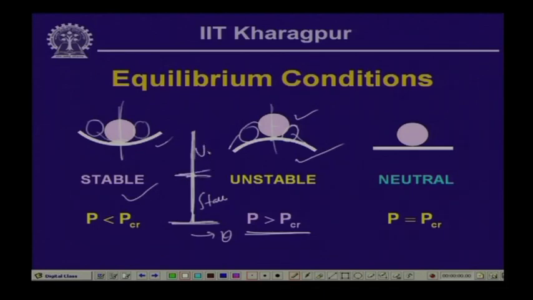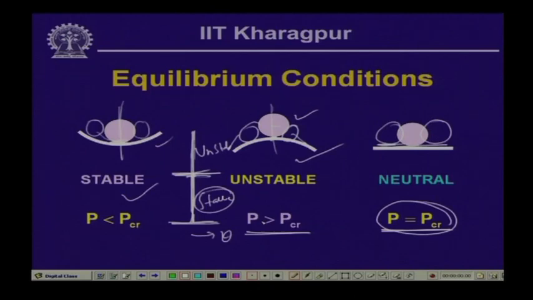So, this is the unstable state and this is the stable state, and this particular one is the neutral state. Now, wherever you place this position, it will always remain in that particular position, and that is what we call just equal to the critical load. This is what we call the neutral position.